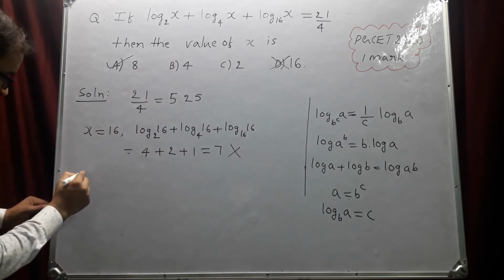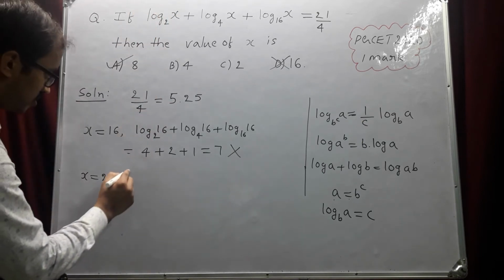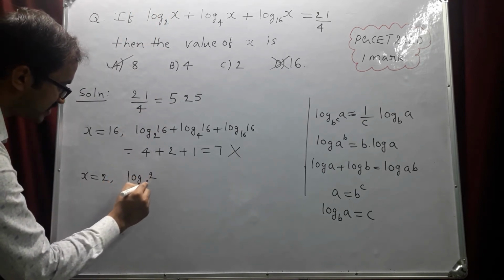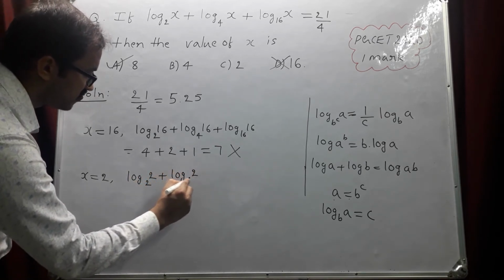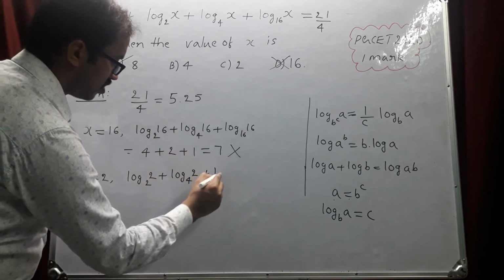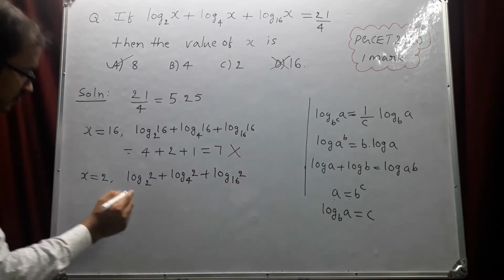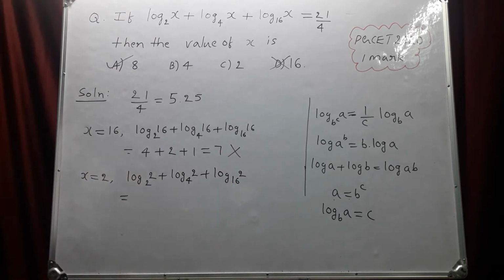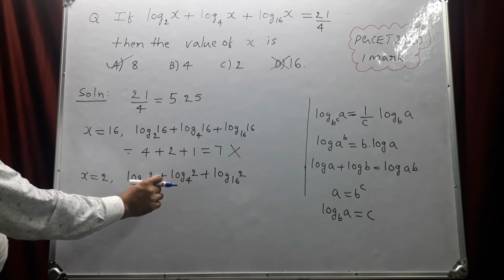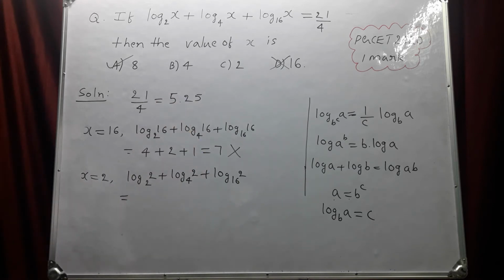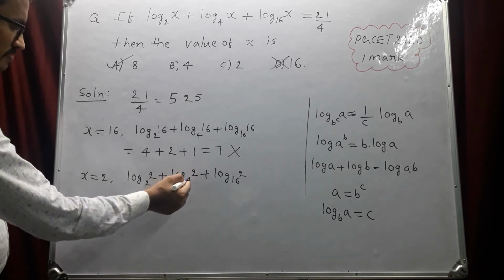If you consider the value of x equals 2, substitute again: log 2 to the base 2 plus log 2 to the base 4 plus log 2 to the base 16. In general, log a to the base a is 1, because a can be written as a power 1. So this value becomes 1 plus log 2 to the base 4.